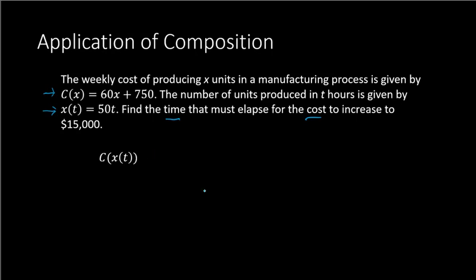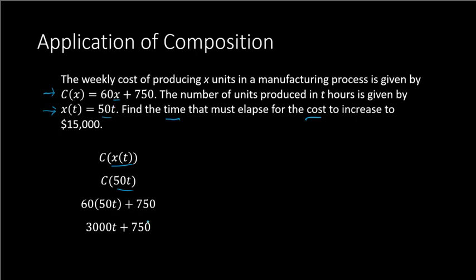So when you do this, you can replace x of t with 50t. So now we have c of 50t. And what we do now is we plug in 50t in place of x into the c function. So now we have 60 times 50t plus 750. So that would give you 3000t plus 750.